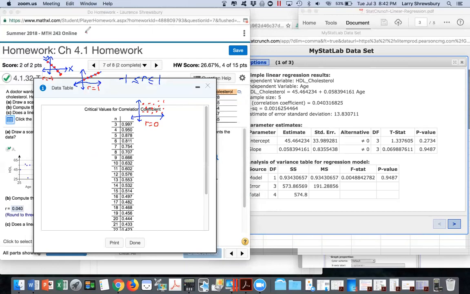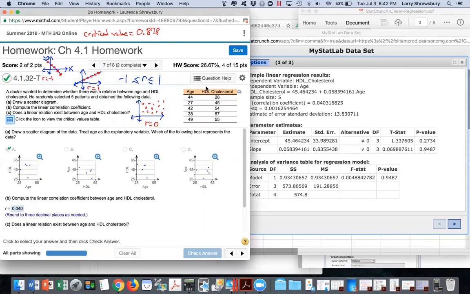So our critical value is 0.878. So once again, notice how it changes based on how many ordered pairs you have. Okay, so we got that. I think we can go ahead and get rid of that.